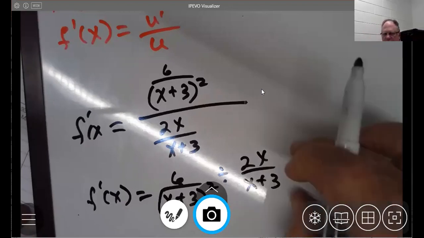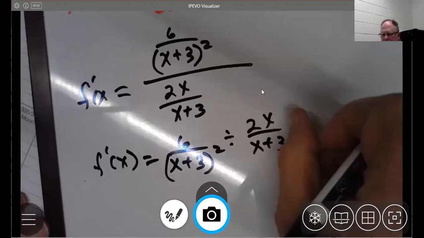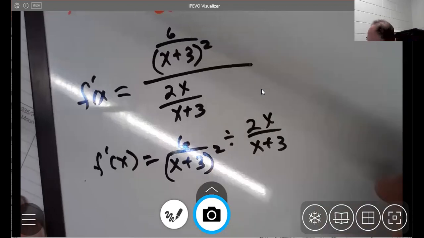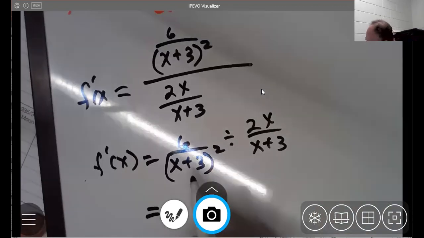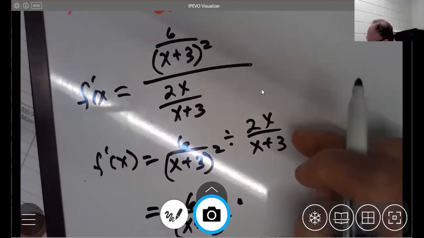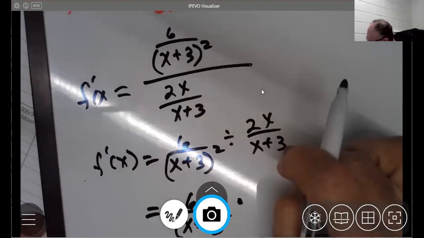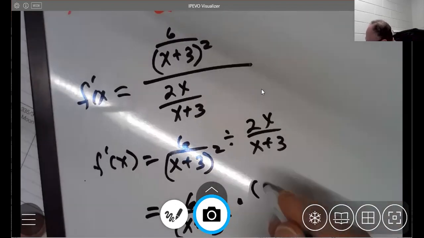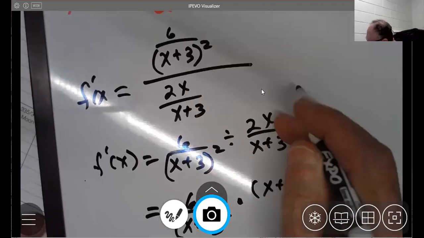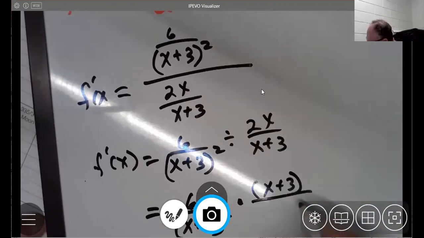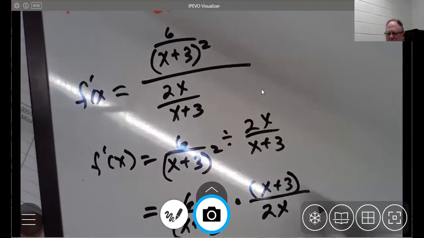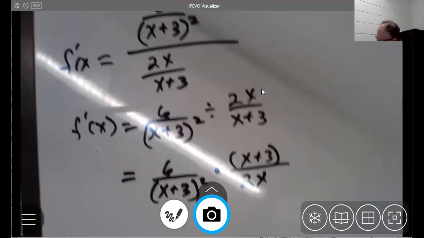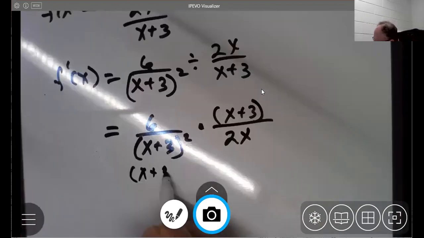So flip and multiply. That's going to be 6 over x plus 3 quantity squared times, what was the x plus 3 in the denominator is now in the numerator, and the 2x that was in the numerator is now in the denominator. So this is the same thing as saying x plus 3 times x plus 3, right?